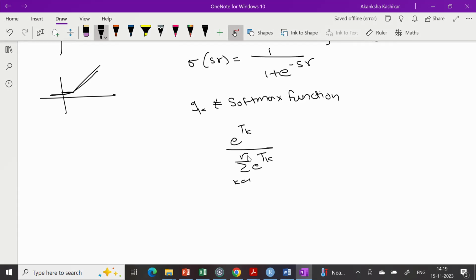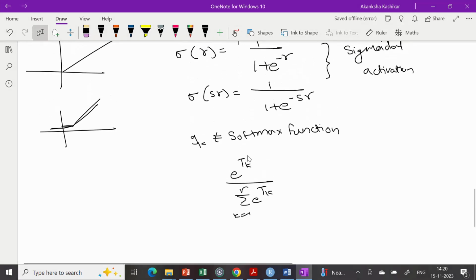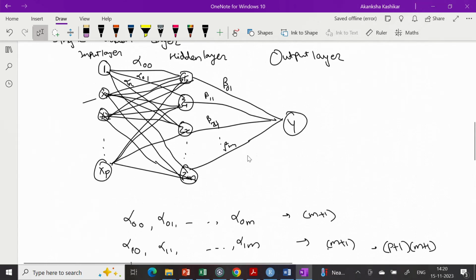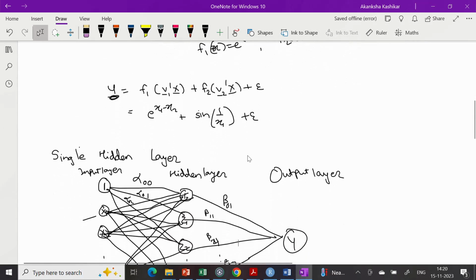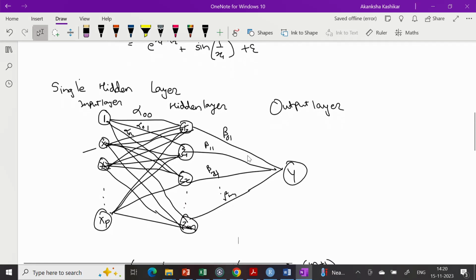So as I said, you have some combination of input quantities going into the hidden layer. Then from the hidden layer we reach the output layer. But this is a very simple network which consists of only a single hidden layer.